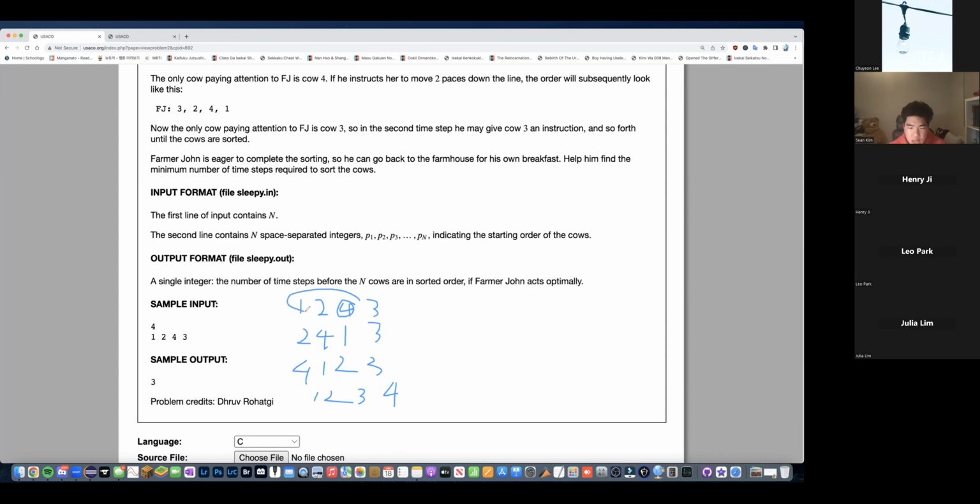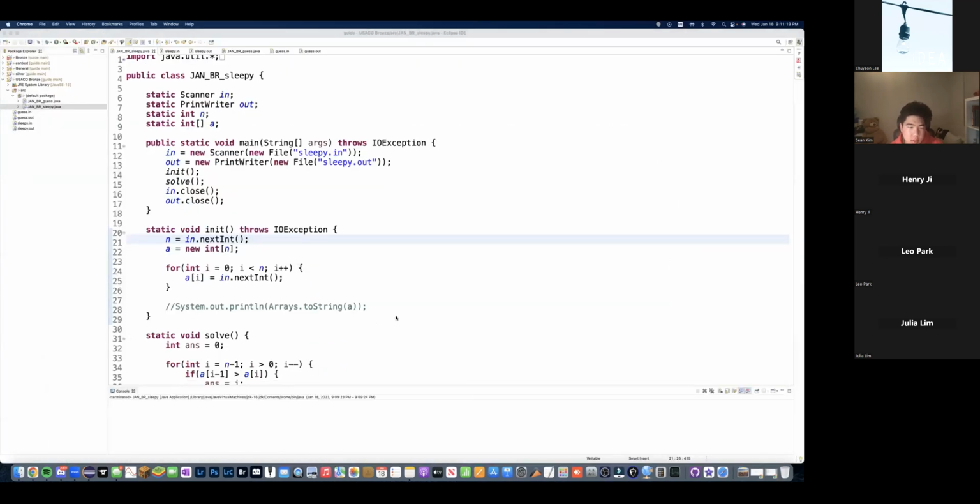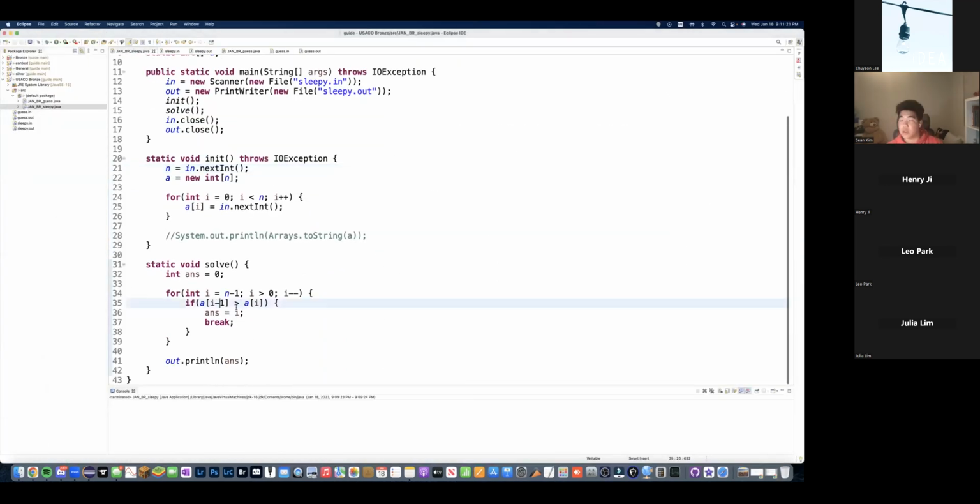And that many numbers is going to be the numbers that we have to move. So by that same logic, we just need to find that one number where the number before it is bigger than the index it is currently at. So we just continue to look at the one right in front, and we check if that's bigger or smaller. And so that was Sleepy Cow.